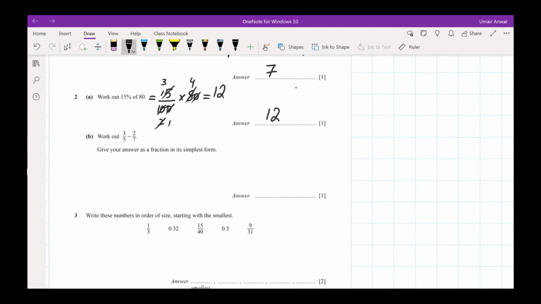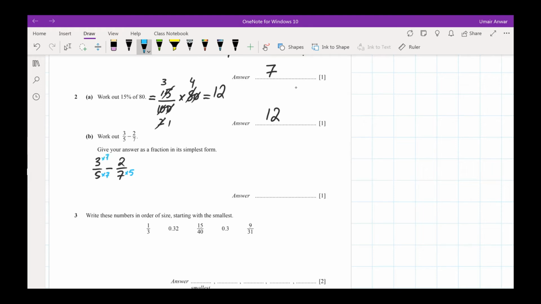The next part says work out 3 upon 5 minus 2 upon 7. Give your answer as a fraction in its simplest form. In order to find a single fraction, the first thing we have to do is to make the denominator the same. To make the denominator the same, we are going to multiply 5 with 7, and 7 will be multiplied with 5.